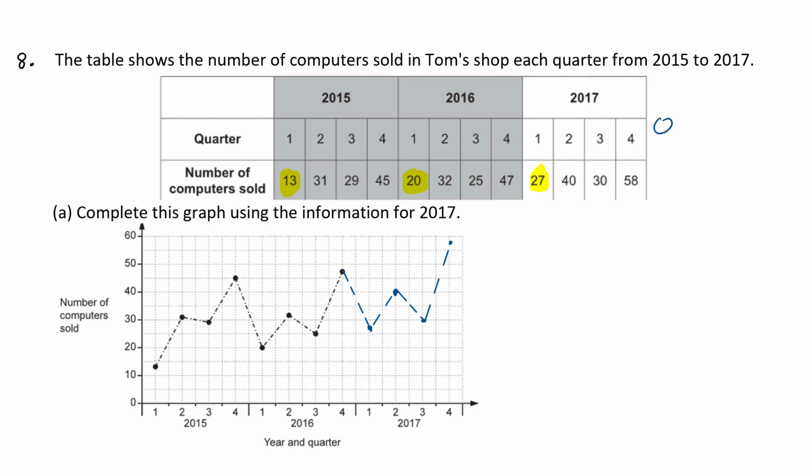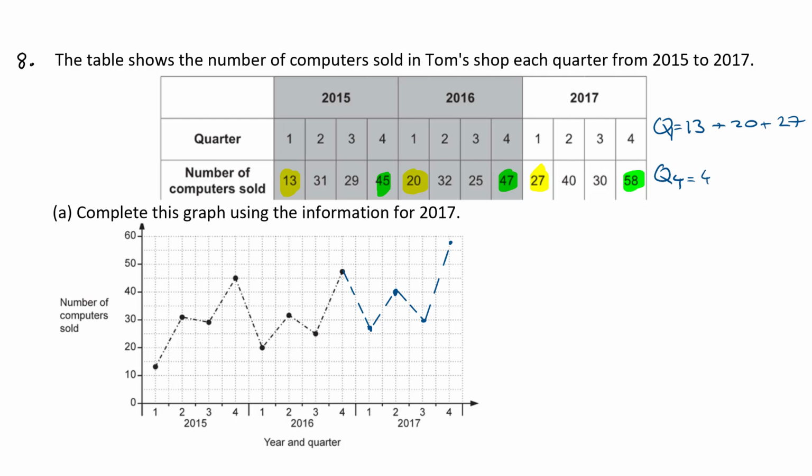So quarter 1 is going to be 13 plus 20 plus 27, and quarter 4, sorry, is going to be 45, 47 and 58.